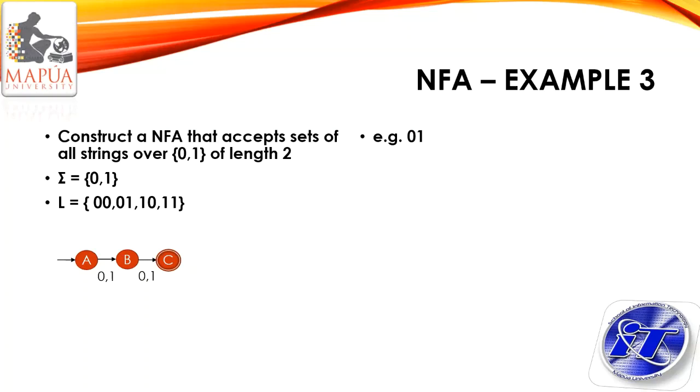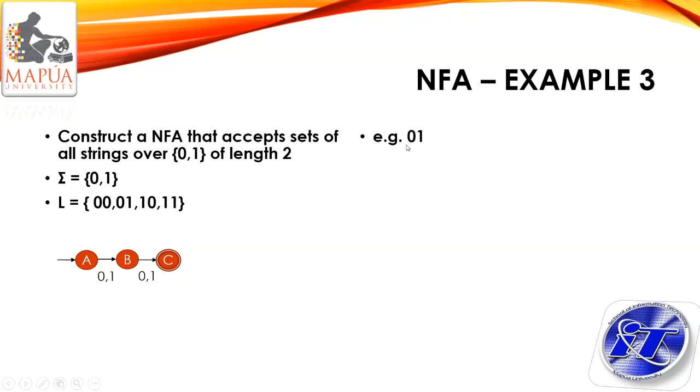Are we right? Yes, because we don't care if there is a third symbol or fourth symbol, because it will be rejected. So we don't need to have a path for that. This is the design for the length of 2.